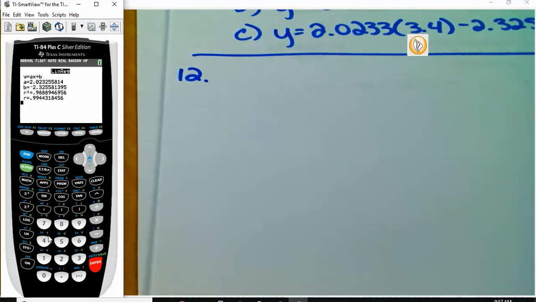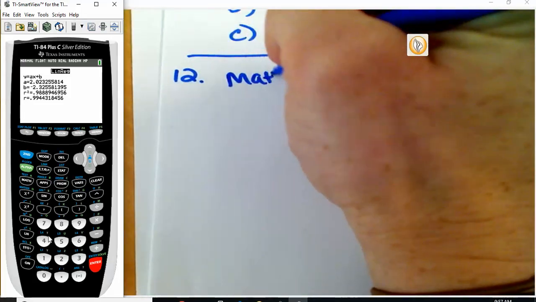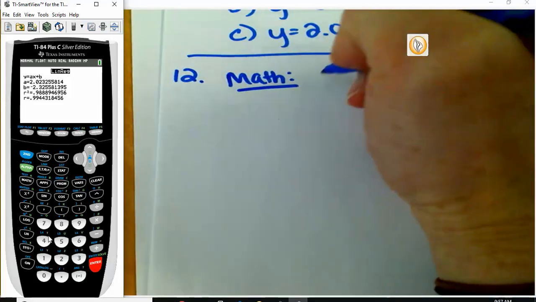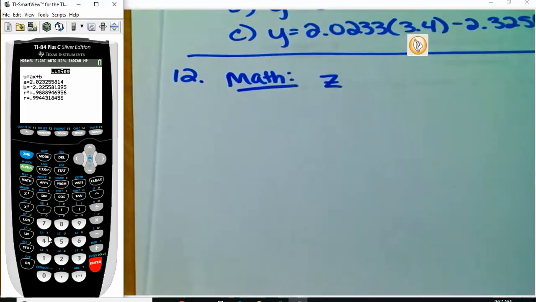Z-score. So for each, we have to find the Z. So for my math, to find a Z, remember, look on your formula sheet if you have to. Everything is right on there. I think the Z was under chapter 3.